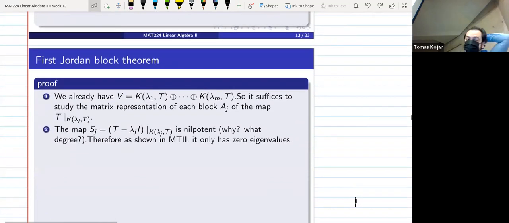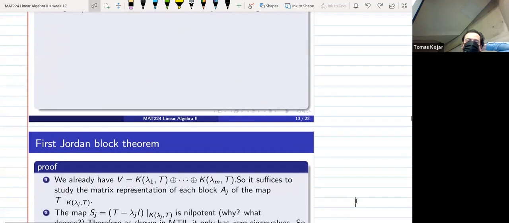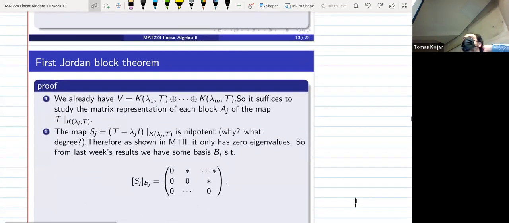Okay, so I don't know if you got this question, but if you're nilpotent, you only have 0 eigenvalues, okay? What was the proof? Oh, you know the proof? Tell me. Suppose you have that, yes.